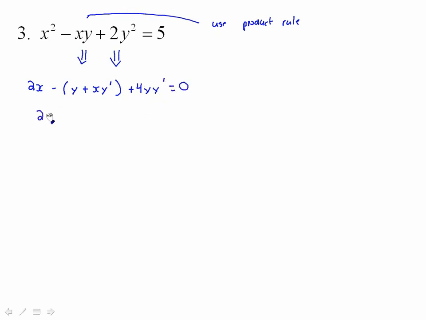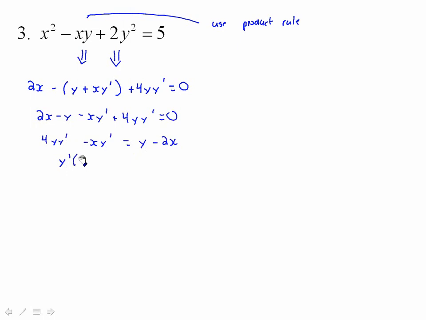So clean it up. 2x minus y minus xy prime plus 4y y prime is equal to 0. And keep the y prime terms on the left side, or you may want to. And I'll put the positive one first. 4y y prime minus xy prime is equal to, the negative y comes over, making it positive y, and then subtract 2x away, and we get minus 2x.